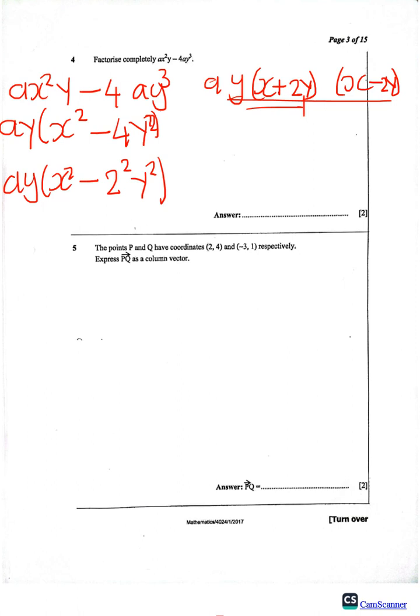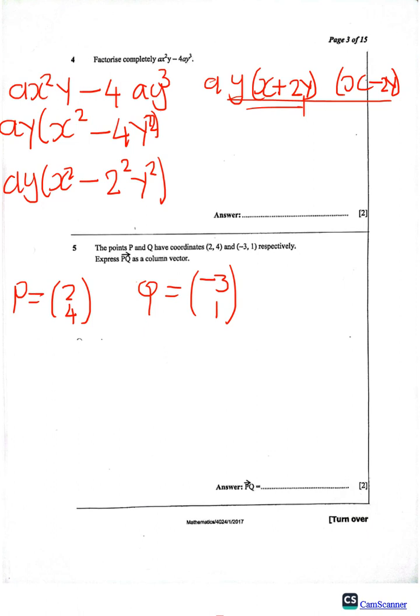Now for question 5, points P have coordinates 2, 4. This is what we call column form. Then we also have Q with coordinates -3 and 1. The format that I've written in is what we call the column vector.